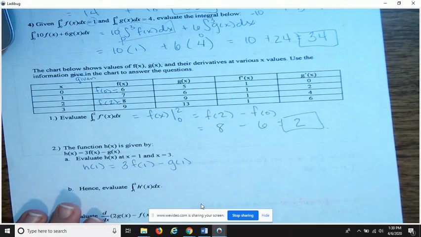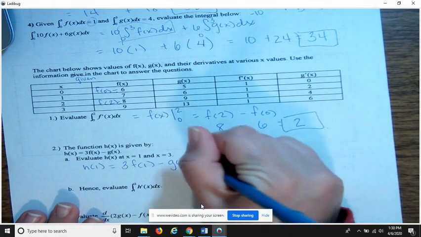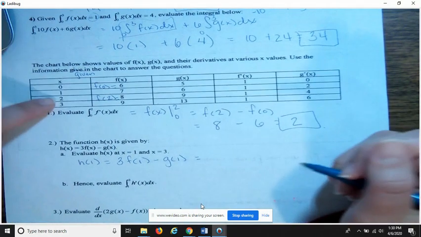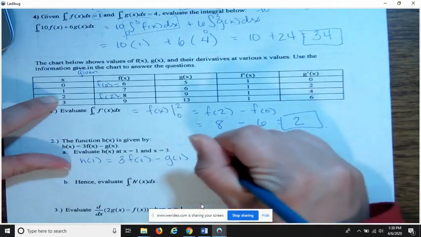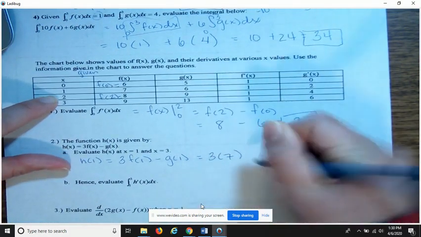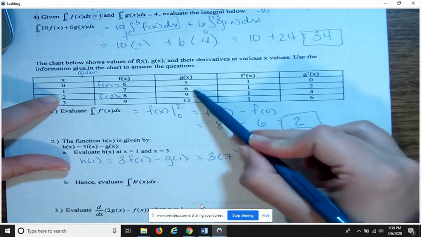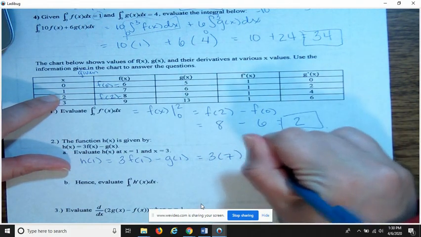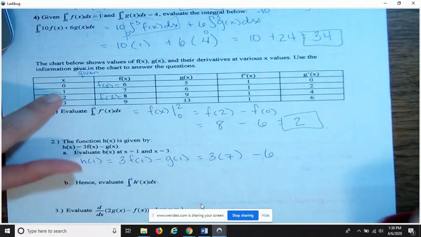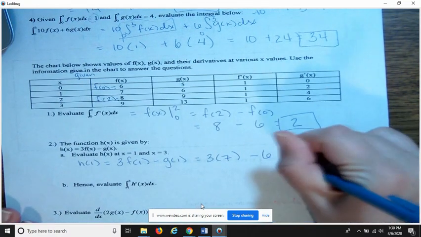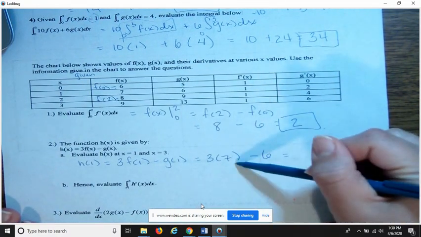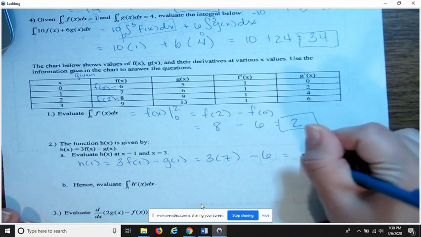Okay. And we know what f of 1 is. F of 1 is 7. And g of 1 is 6. So I'm going to have minus 6, which was g of 1. So this is 21 minus 6 should give me 15.